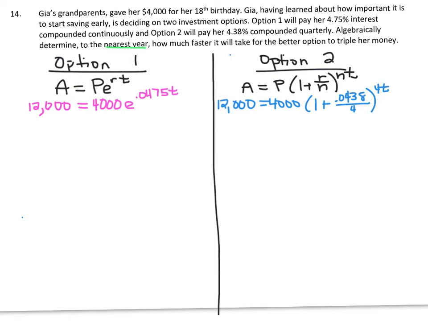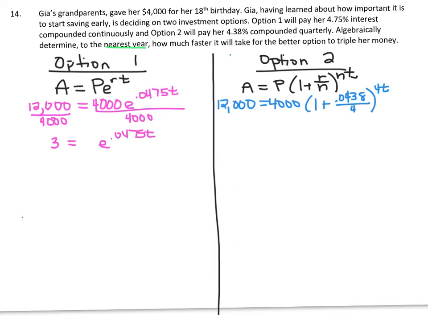Okay, I'm going to come back over here to option 1 and solve this one. So the first thing we're going to do is divide by 4,000 because we're trying to get that base of e by itself. So 12,000 divided by 4,000 is 3, and I'm going to bring down the e to the 0.0475 t power.